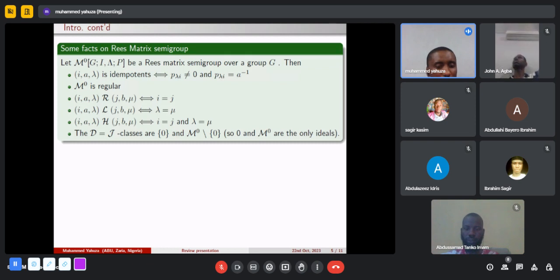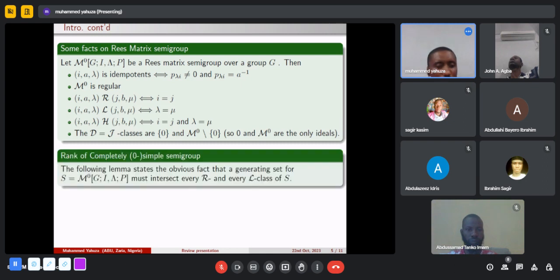And these two elements are H related if and only if i is equal to j and lambda equals mu. That is their intersection. Now D is equal to the J classes, which means we have just two J classes, 0 and M minus 0. So it means we have 0 and M as the only ideals of this semigroup.